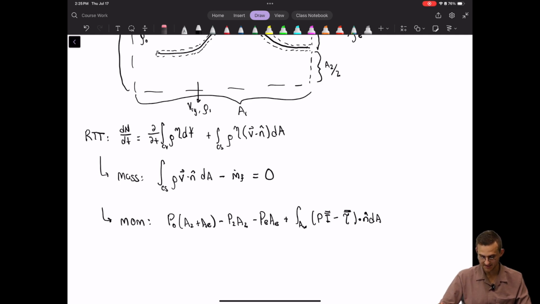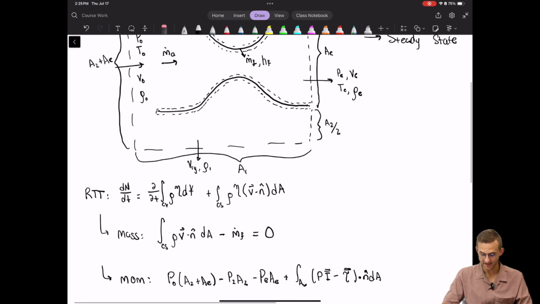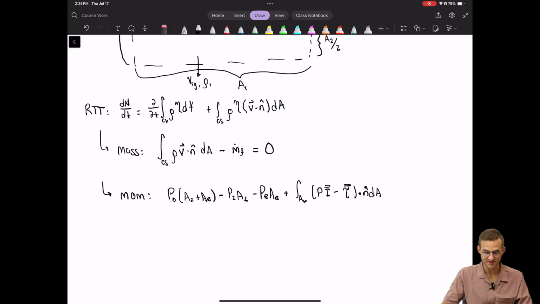So this overall term calculates all of the forces on this crazy curvy part of the control volume. Everything is being abstracted into that one term.